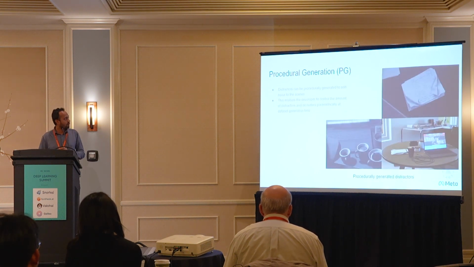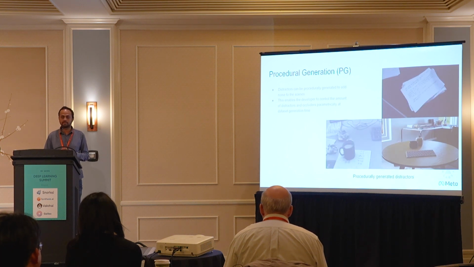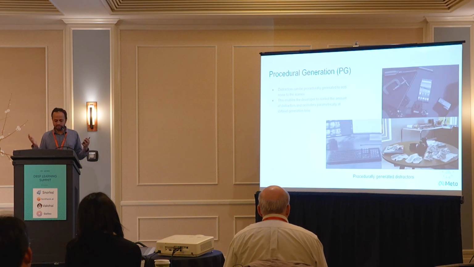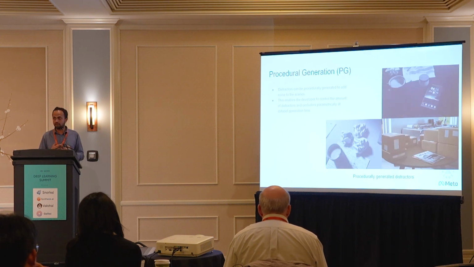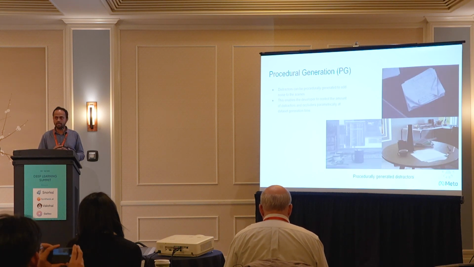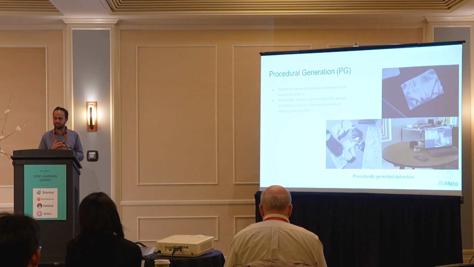Procedural generation can also be used to add clutter and mess into the real scenes. As we saw, real scenes are messy. You can use procedural generation to create a large amount of clutter, a large amount of diversity, and you could control it and so on. So this helps bridge some of these gaps.